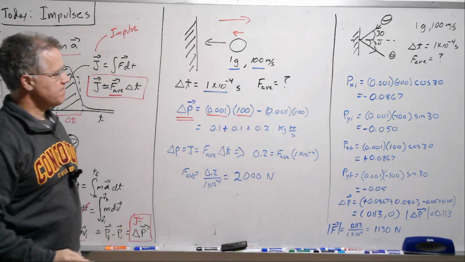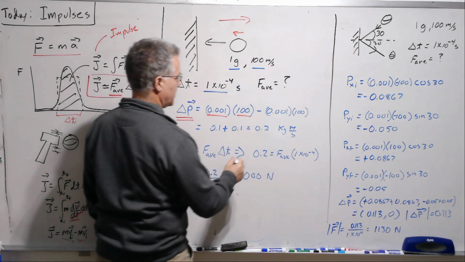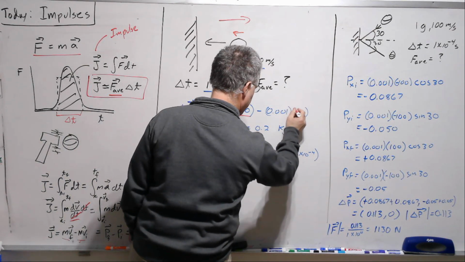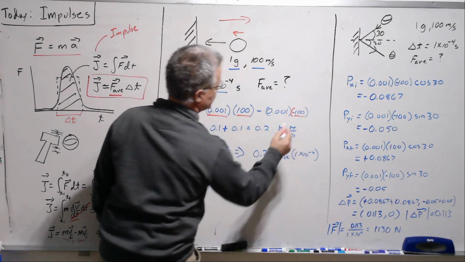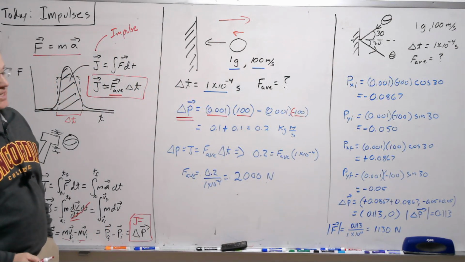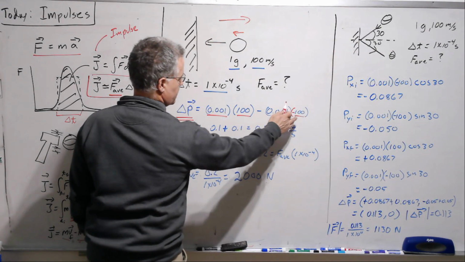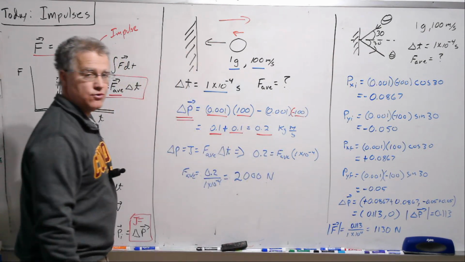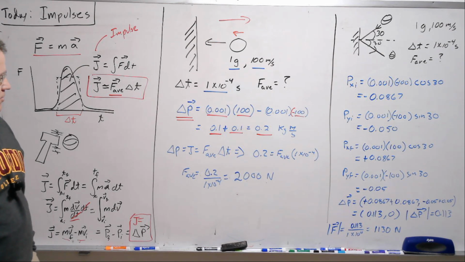Here's the 1 gram. The initial mass is going in at minus 100, so it's minus a minus, and so we get 0.1 plus 0.1 equals 0.2 kilogram meter per second.